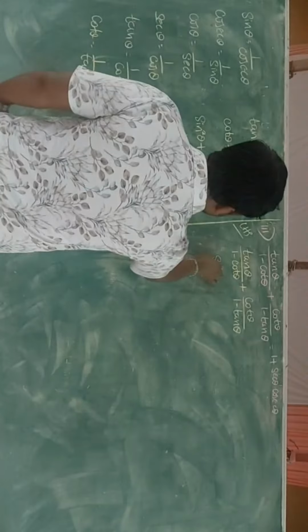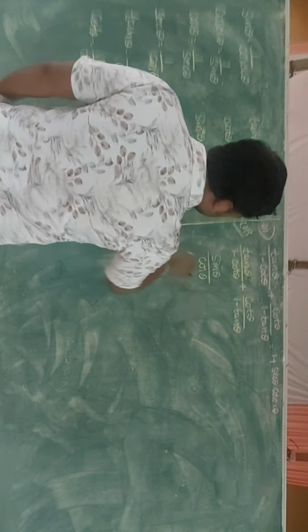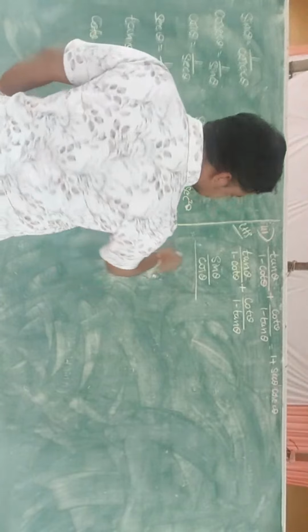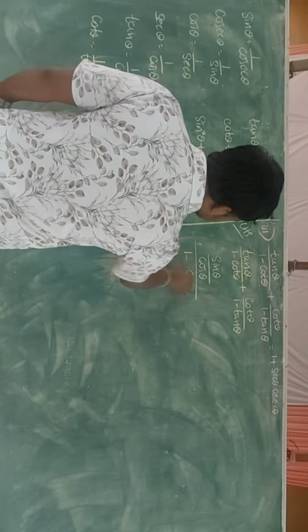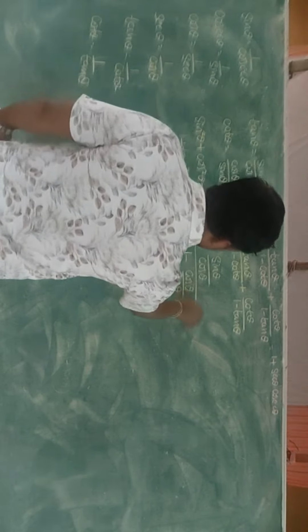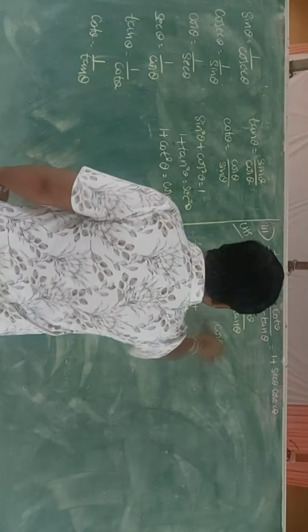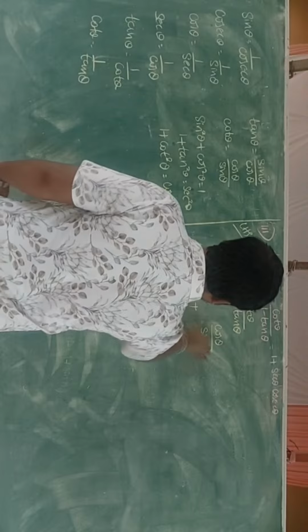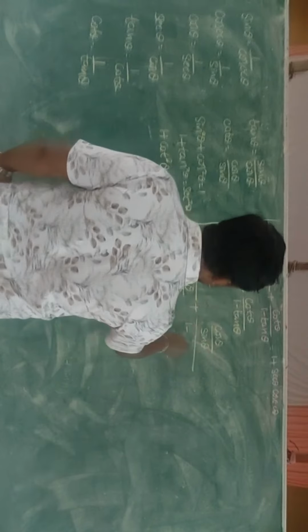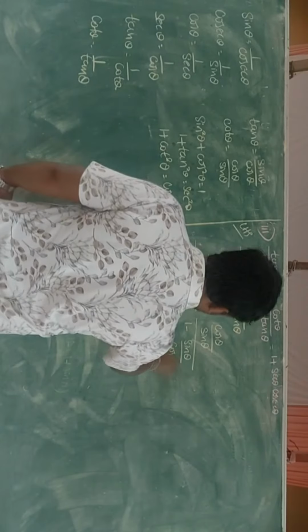Tan theta is nothing but sin theta upon cos theta, whole divided by 1 minus cot theta, which is cos theta upon sin theta, plus cot theta, which is cos theta upon sin theta, whole divided by 1 minus sin theta upon cos theta.